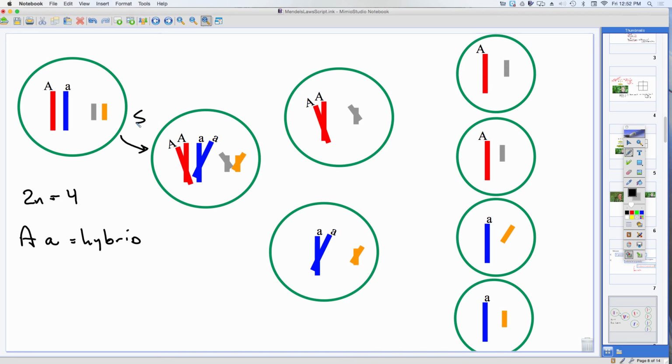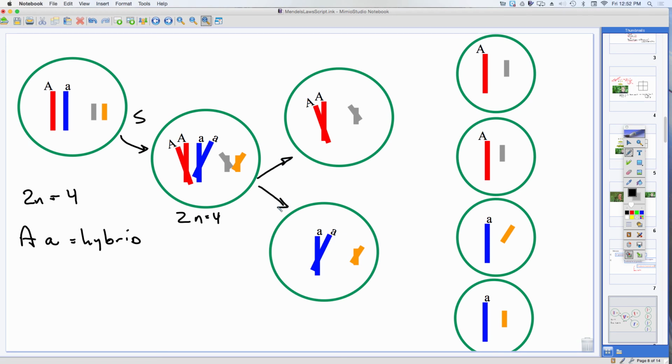And so what's going to happen? Well, we're going to go through S, and in S, each of the chromosomes is going to replicate, and we're going to have paired chromosomes. And now we have the X-shaped red and the X-shaped blue and the X-shaped gray and the X-shaped orange, but still this cell is diploid.